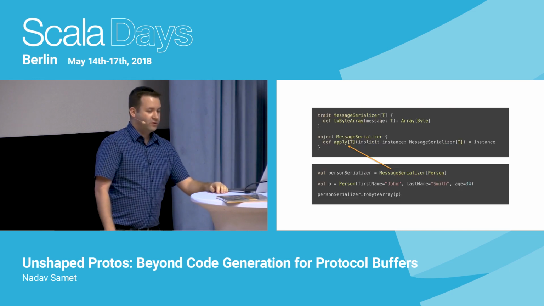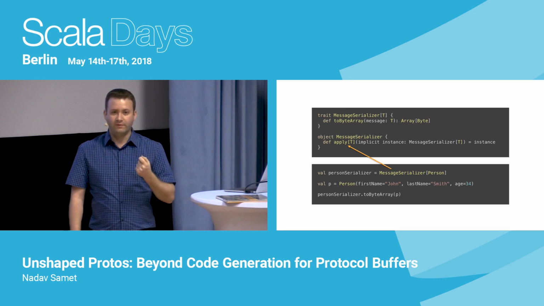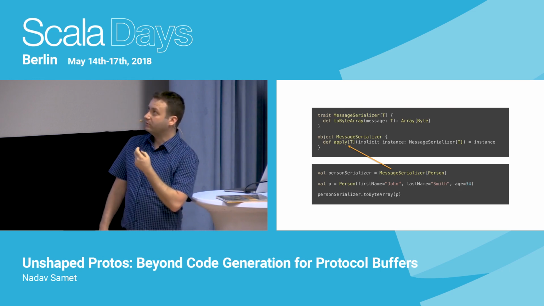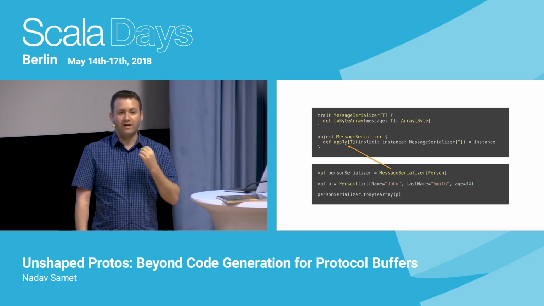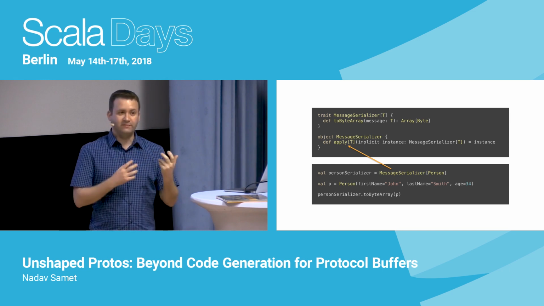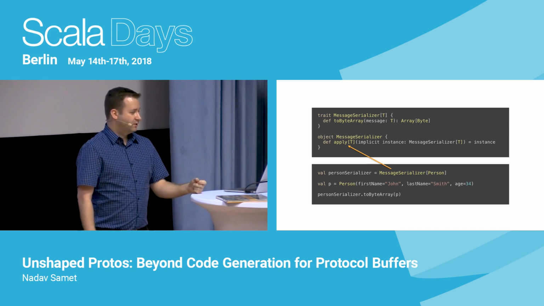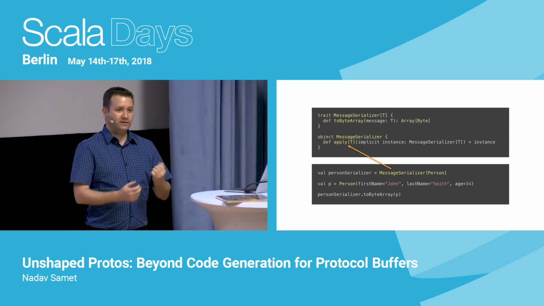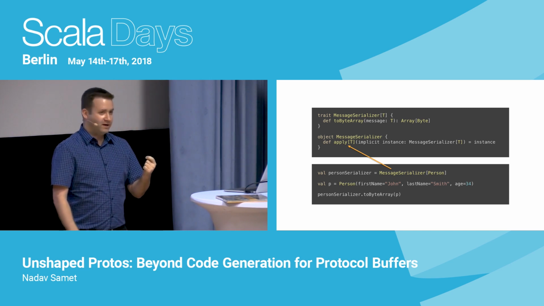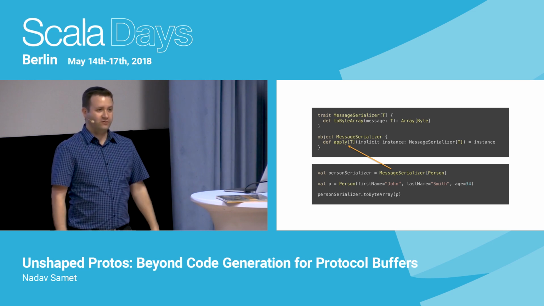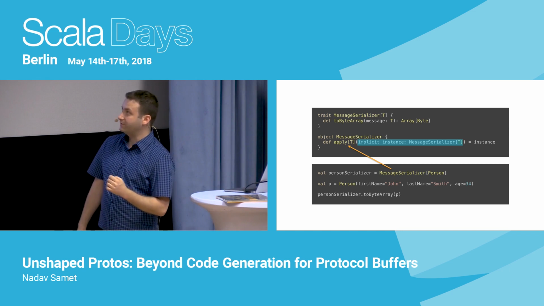Typically in those situations, when you don't have a common base class that you can use, you use the type class pattern. What we have here is the MessageSerializer type class that gets a type parameter T, which represents the message, maybe a Person. And it has a toByteArray method that would take the instance of the person and return an array of bytes. In the companion object, I define a method apply that behaves sort of like a constructor, but instead it's starting an implicit search for a message serializer.